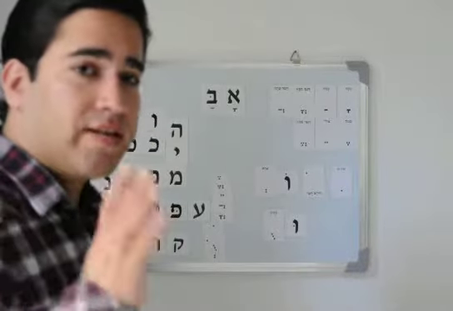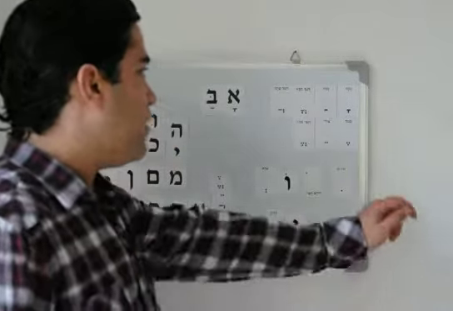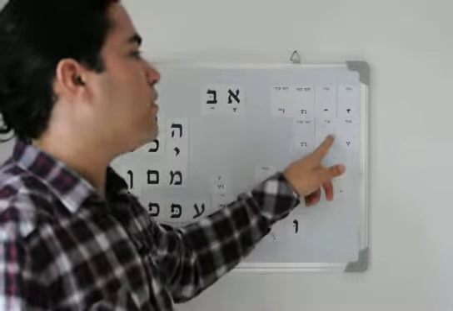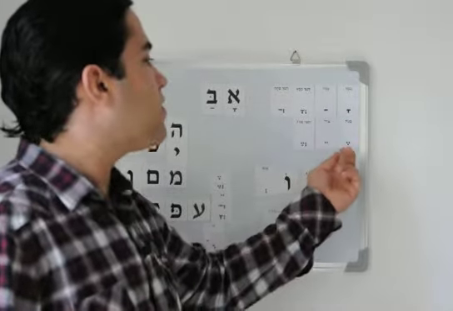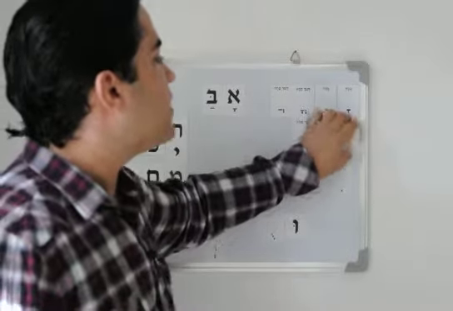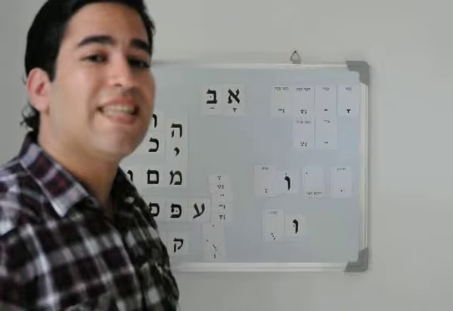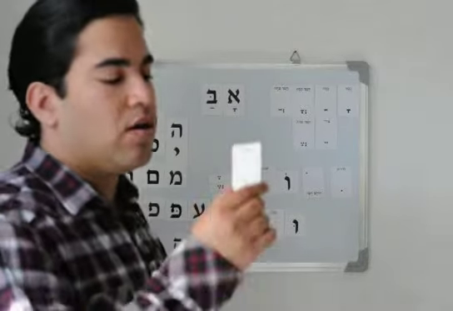Let's go to the next group, which collects three kinds of Nikud. The first one is Segol.